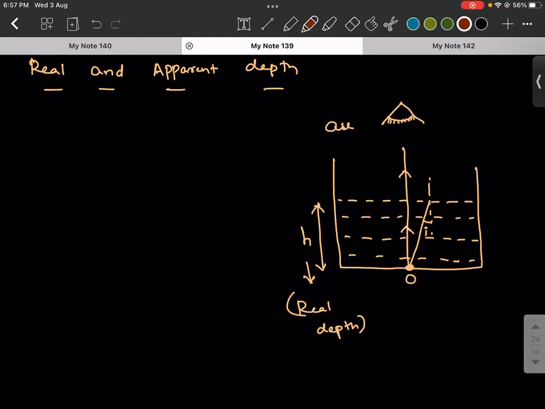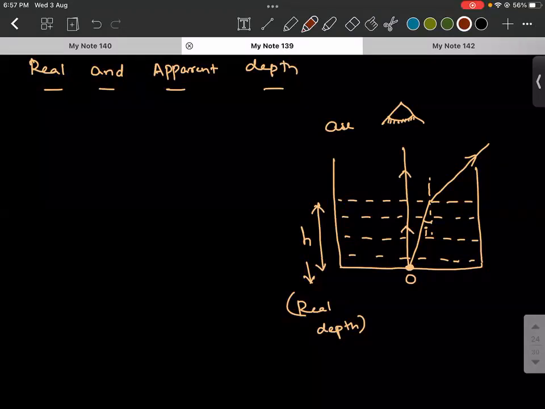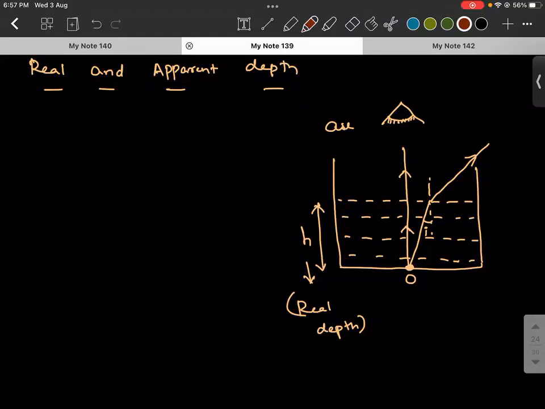Since it is traveling from denser to rarer medium, it starts bending away from the normal. So we can see that both the refracted rays are getting diverged away from each other. We know that diverged rays cannot meet in real time. So you need to extend them backwards, and this is the position where you can see the image is formed.